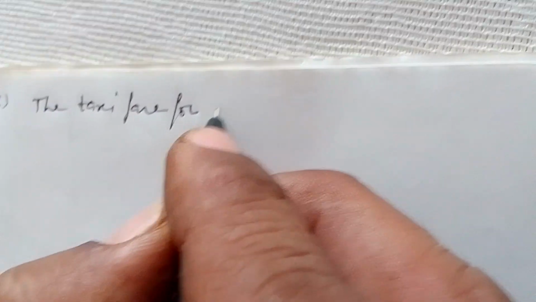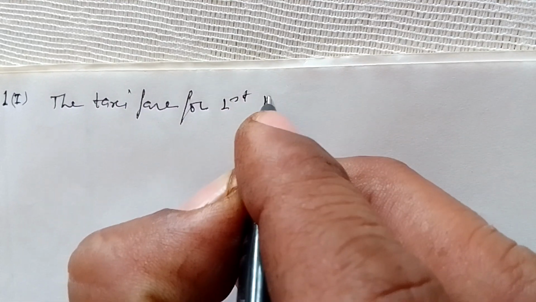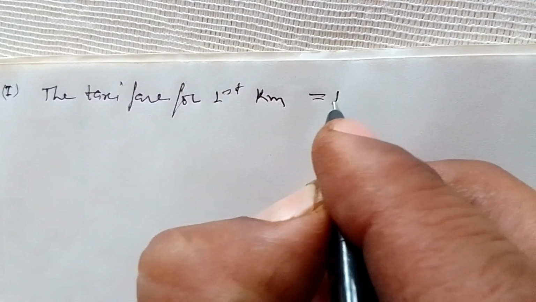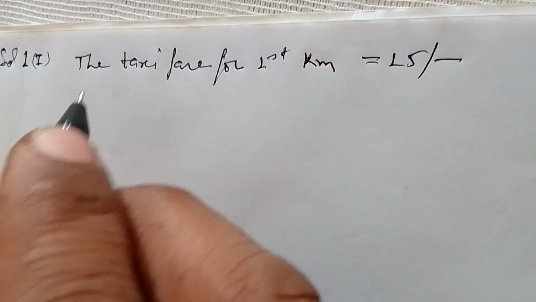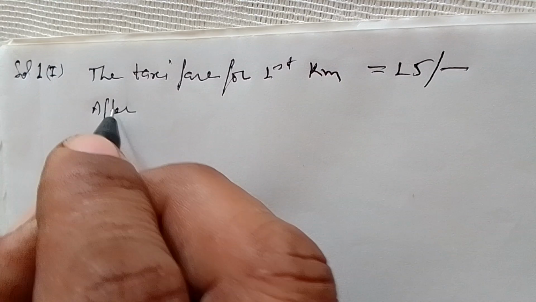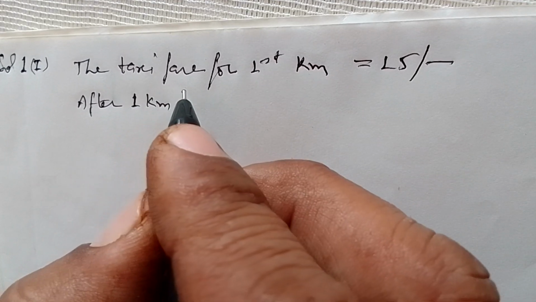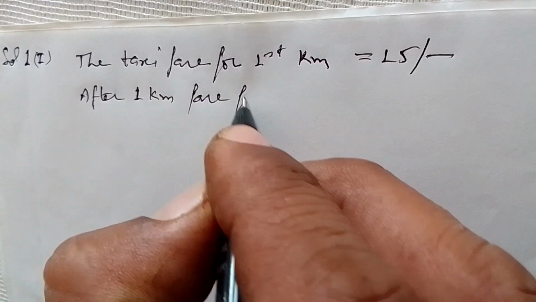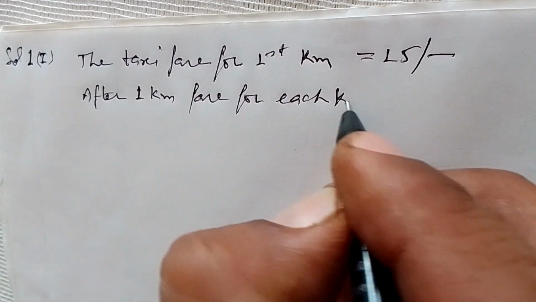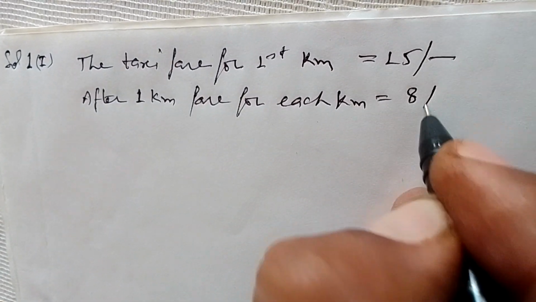Now the solution of question 1, part 1, the taxi fare. The taxi fare for the first kilometer is equal to 15 rupees. Then after 1 kilometer, the fare for each kilometer is 8 rupees.